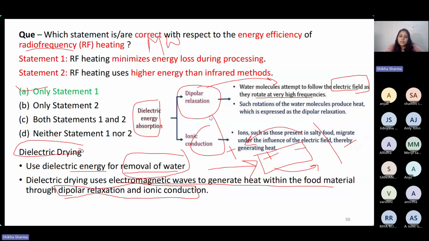Second is ionic conduction, where ions in the food, like in salty foods, migrate under the influence of the electric field and generate heat. So in this case, not the water molecules but the ions move like this and generate the heat.